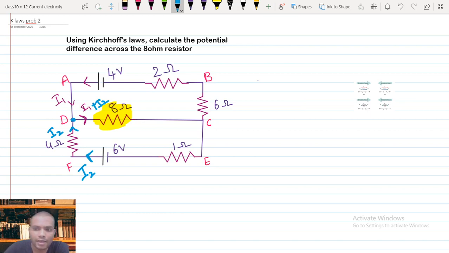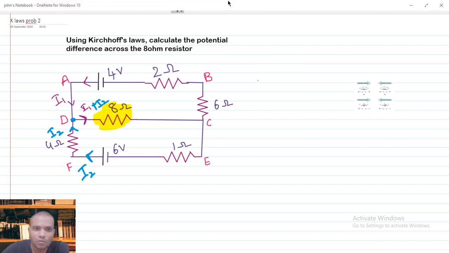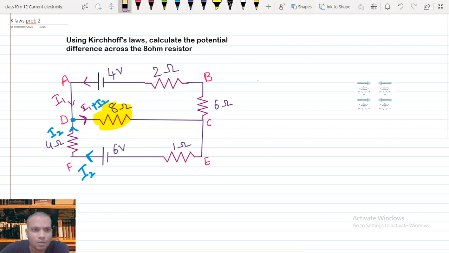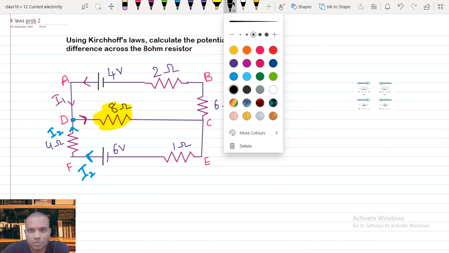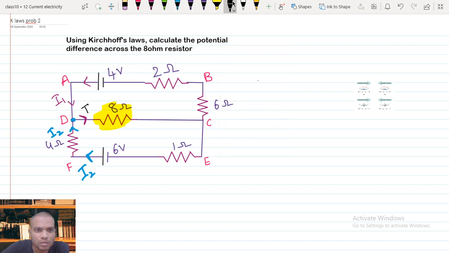So while we write the expression for the current, we need to consider it like this. Let me take this as a small font so it can be visible. The current through this resistance is equal to I1 plus I2.